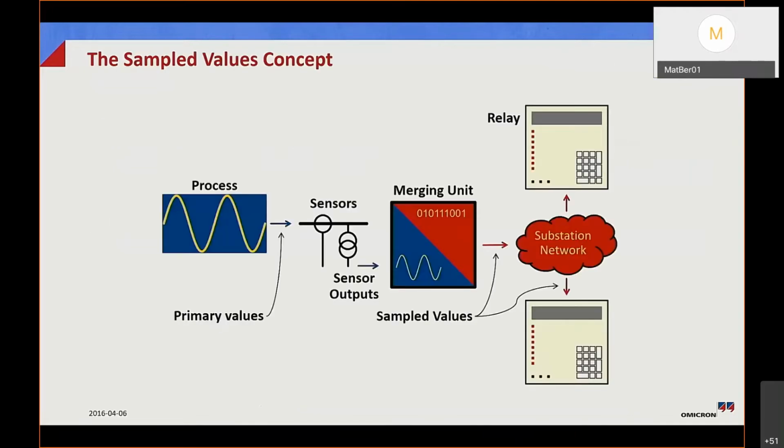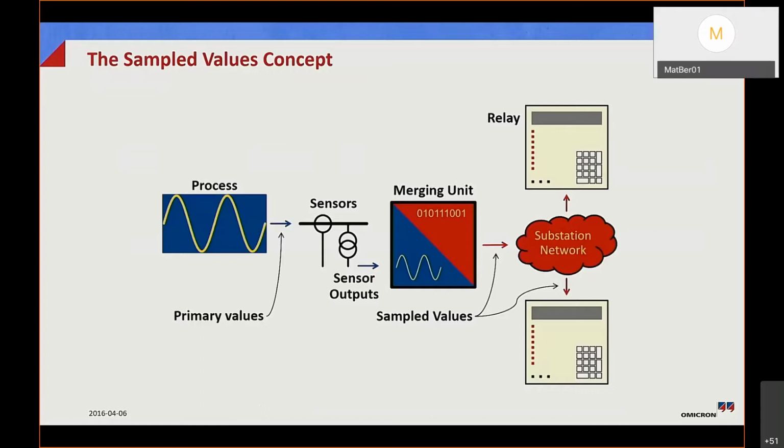Now, just for those who do not yet know what sampled values are and what they are meant for, and I assume that most of you are already familiar with at least the idea. Here, a picture how this should work. We have the signals from the process, labeled here the primary values, that are picked up by some sensors, and these sensors deliver their signals to a merging unit.